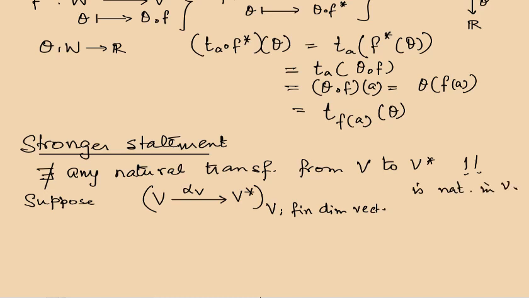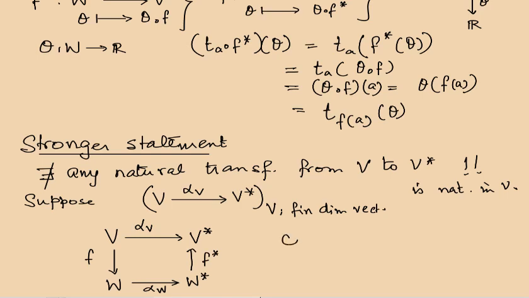Okay? So then if I have something like this, this is going to V star by alpha V, this is going by alpha W, but this actually reverses, right? So this must commute. This should commute.